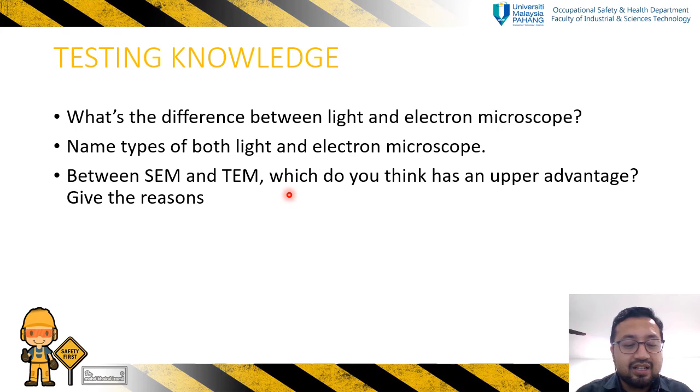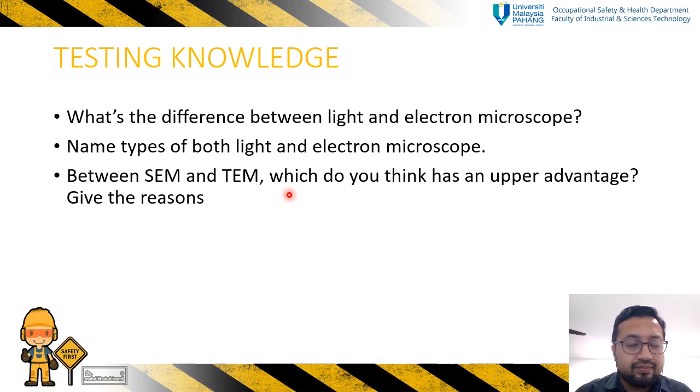Second question, name types of both light and electron microscope. Tadi kita dah tengok kan, light microscope dia ada type dia, yang elektron pun dia ada type dia. Fatin Najihah? Okay, try to answer the question. Kalau light microscope tu dia ada bright field microscope, dark field microscope.